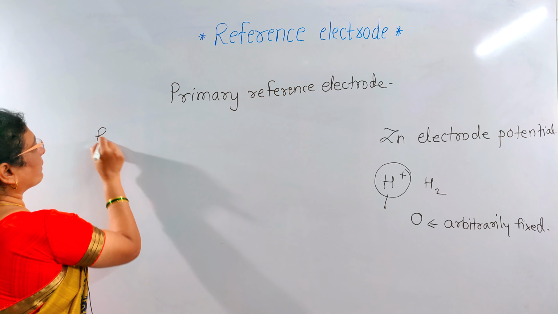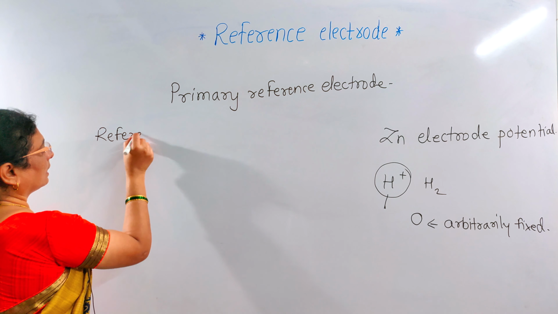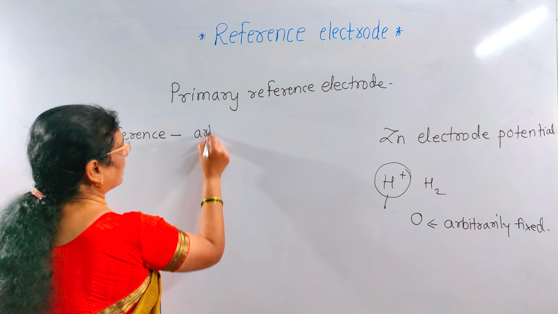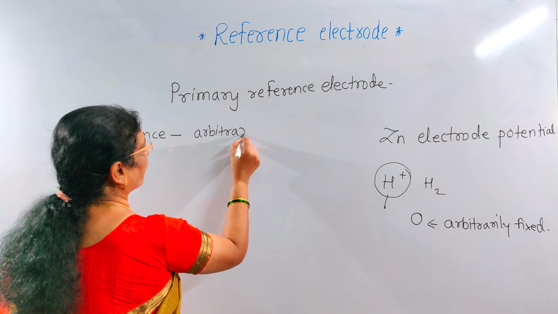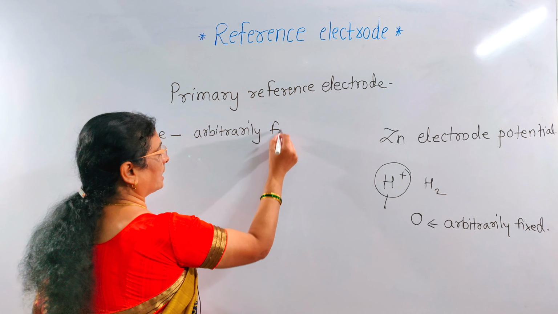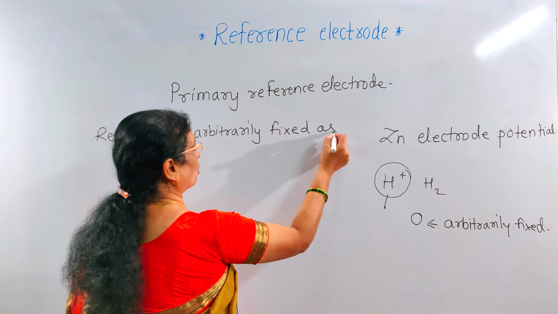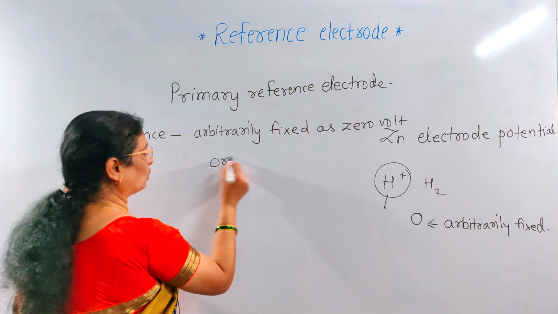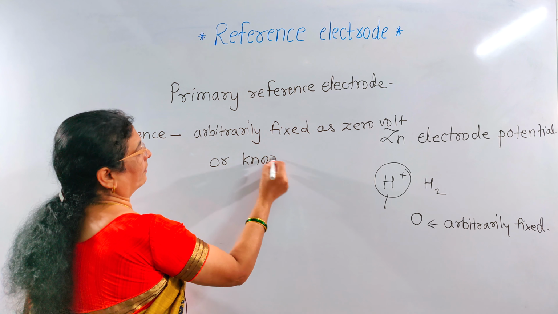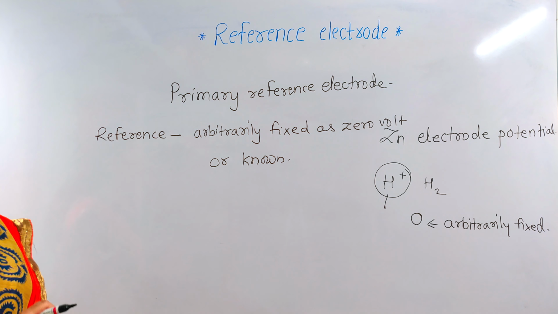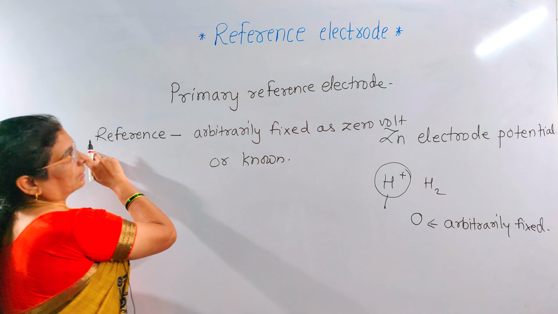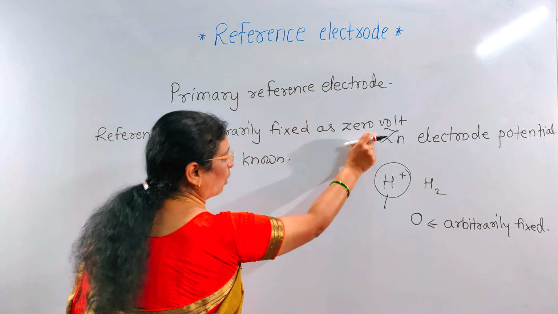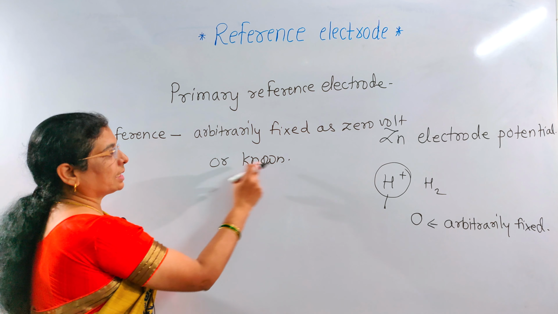So a reference electrode is an electrode whose potential is arbitrarily fixed as 0 volt, or whose potential is known to us.